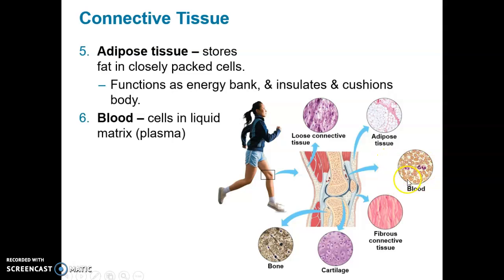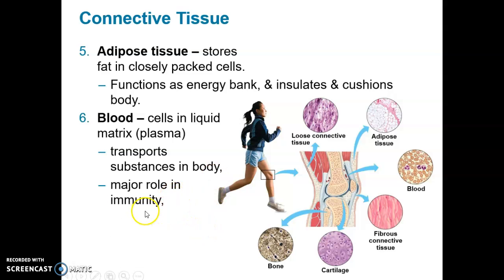Now, blood, liquid connective tissue, and it's the plasma that is the liquid extracellular matrix here. And it transports substances in the body. Gases, right? Oxygen, carbon dioxide for cellular respiration, glucose for cellular respiration, transporting waste materials, transports hormones, proteins, numerous things.